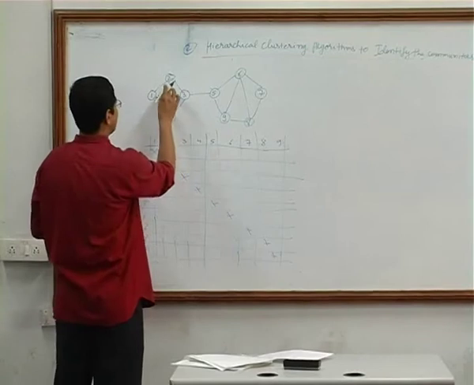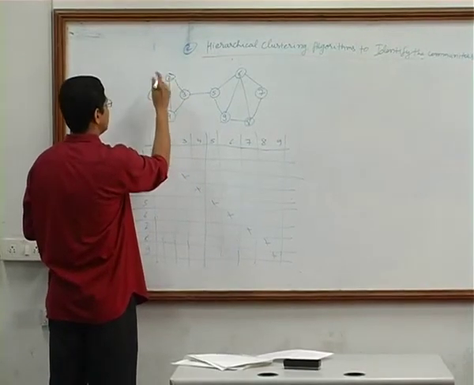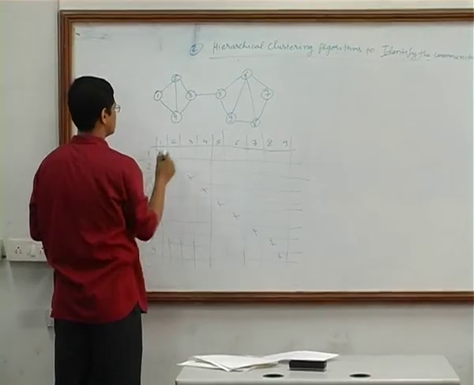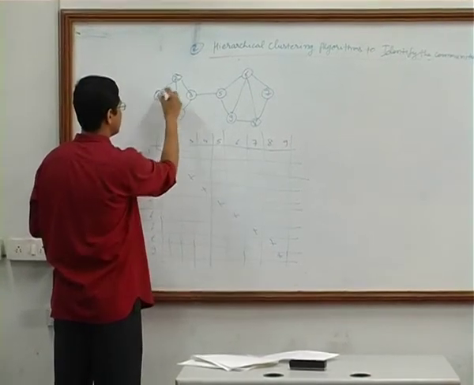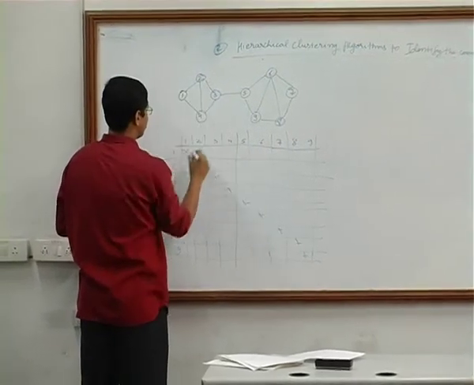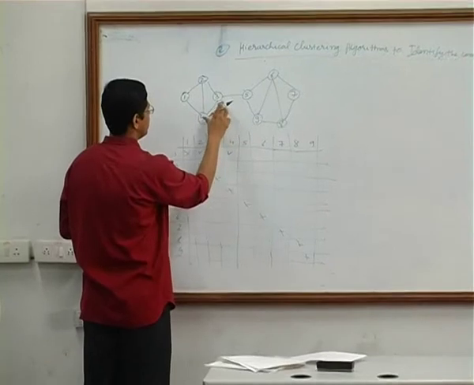Now we will calculate the minimum distance or distance between every two nodes. For example, every two adjacent nodes. For example, between 1 and 2, we will calculate between 1 and 4, 4 and 3.